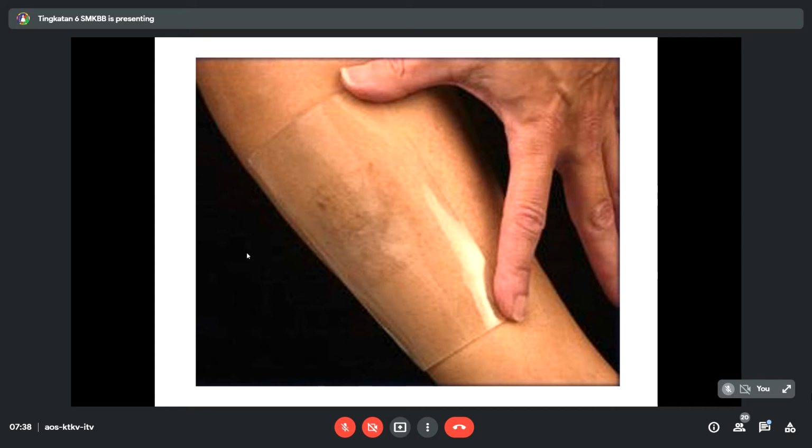You cannot cover with anything like plastic, because plastic is impermeable to air and also to liquid. That means the area covered, if you are using any plastic, will be wet all the time. Then it's not good for the healing process.